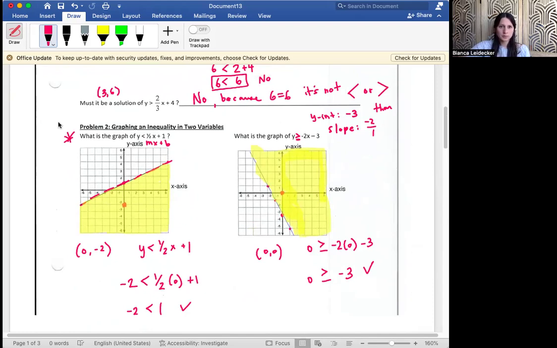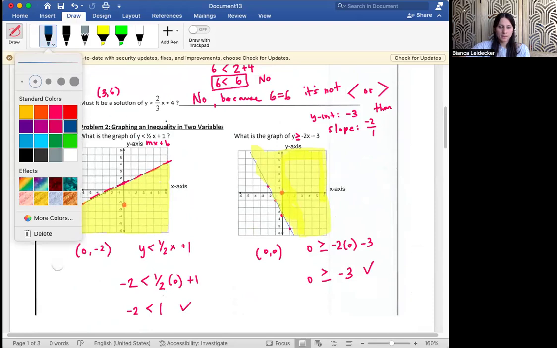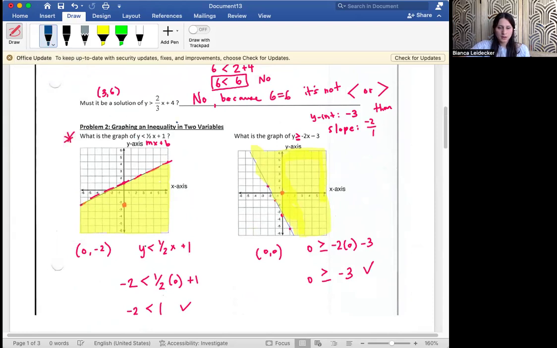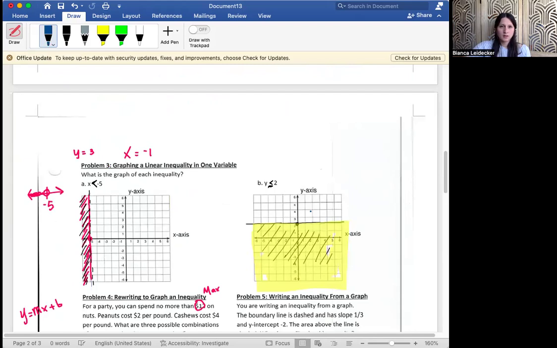We use blue. This is a less than symbol. I'm shading below. This is a greater than. I'm shading either above or to the right. This is a less than symbol. I'm shading to the left. This is a less than or equal to symbol.